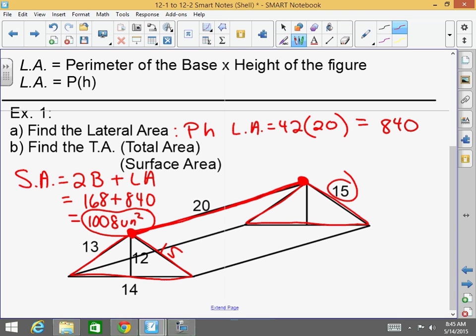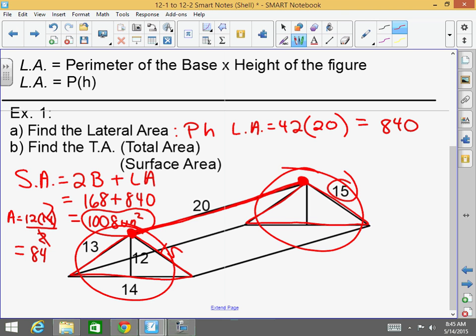Okay, thank you very much. How did I get 168 was the question. The base area here is a triangle. Area of a triangle is base times height divided by 2. Correct? So that goes to 7. So my base area is 84. But aren't there 2 bases?